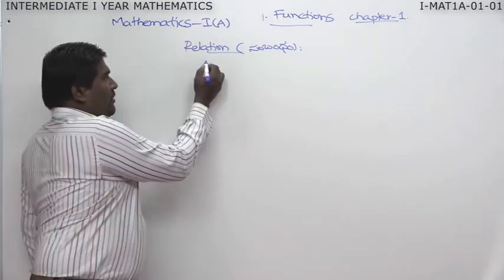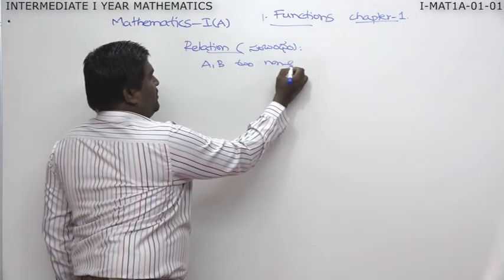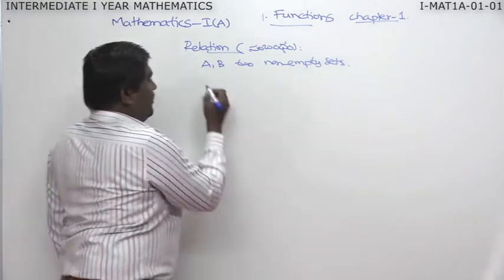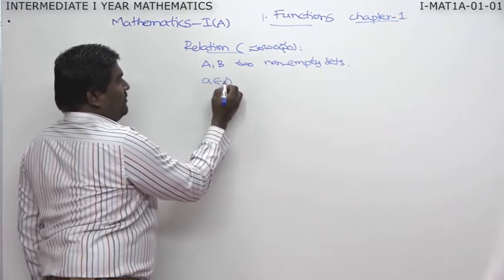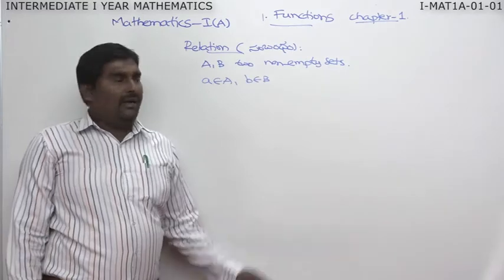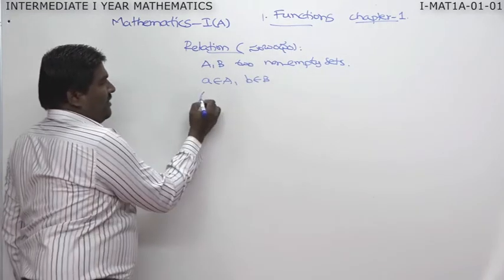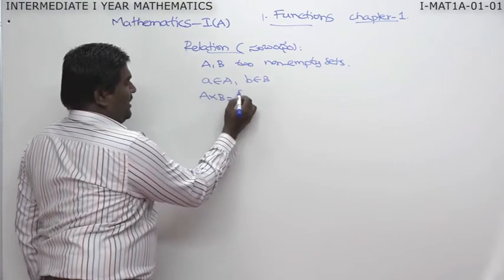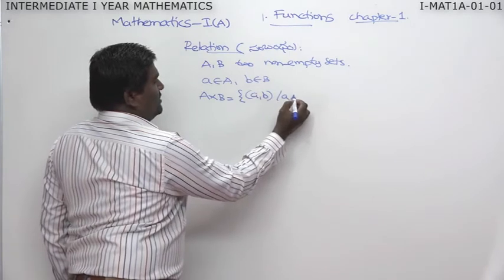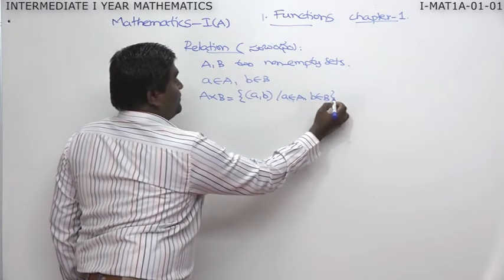If A, B are any two non-empty sets, a is an element in A, b is another element in B. We may get the Cartesian product A cross B as the set of ordered pairs (a, b) such that a belongs to A, b belongs to B.